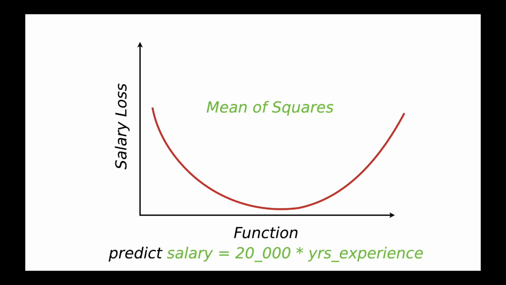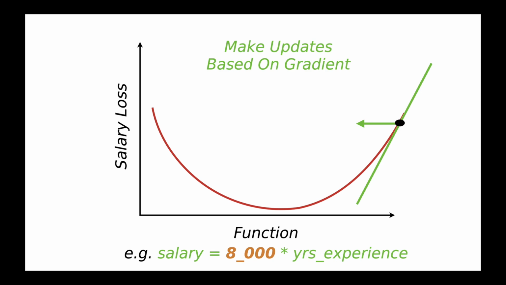What that allows us to do is play some games with calculus, and we can take the gradient. The gradient is just a line that connects with our loss line. Say that we've chosen an experience point of 8,000, and that's really too high for this particular curve. We can tell that because the slope line is going up and to the right very steeply.